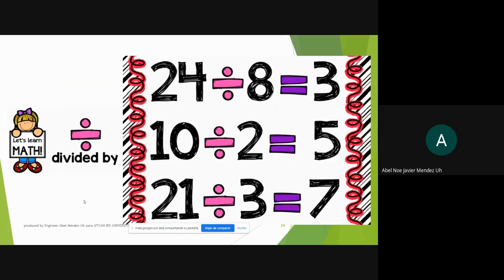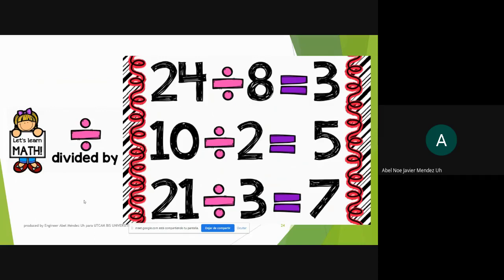And we have this other operation. How do you say this operation? We have three. The symbol, we can say, is divided by. Divided by is the symbol of the division.